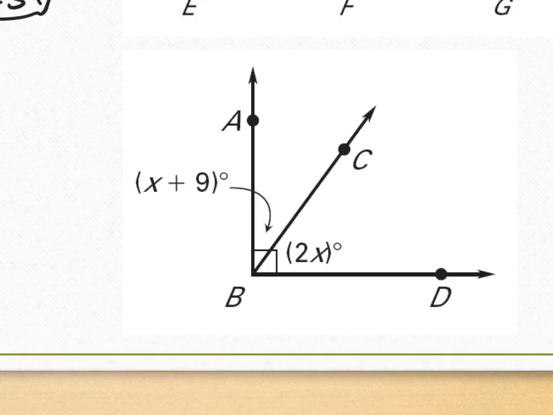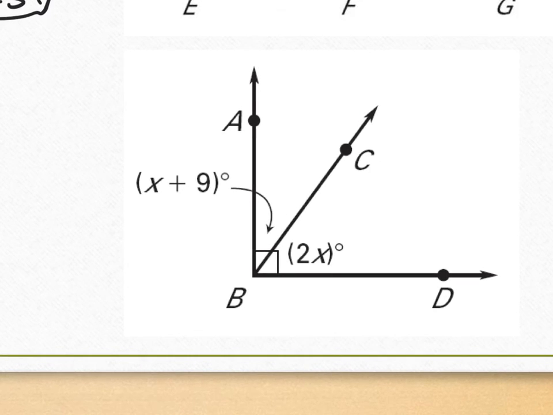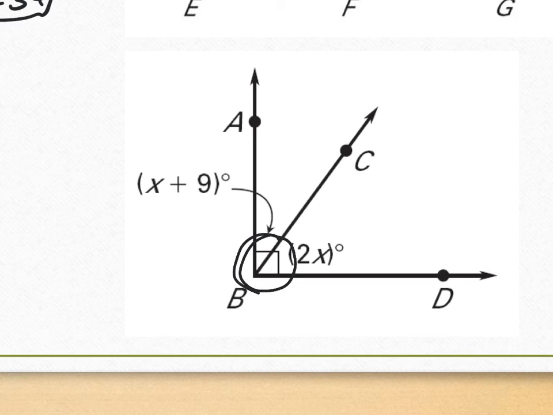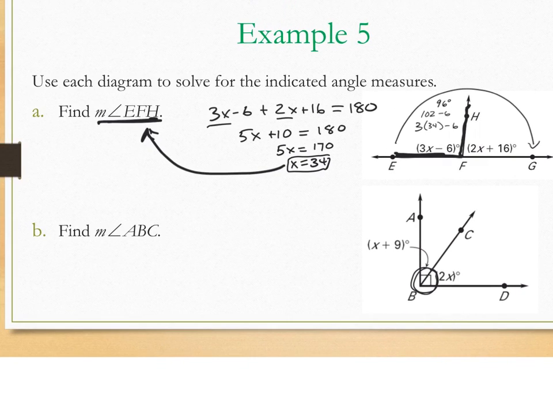What type of angles are these? Those two small angles, what do we call them together? Together they equal 90, so what do we call that? Complementary. So how can I set this one up? Good, same thing, but now they don't equal 180, now they equal 90 because that's a 90 degree angle in there.